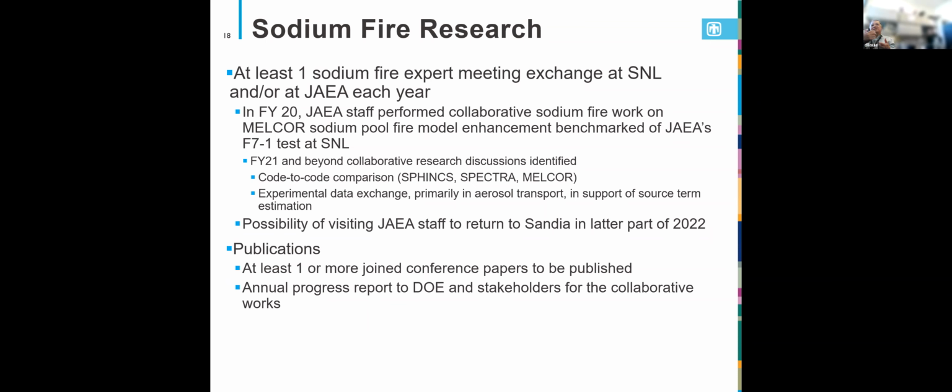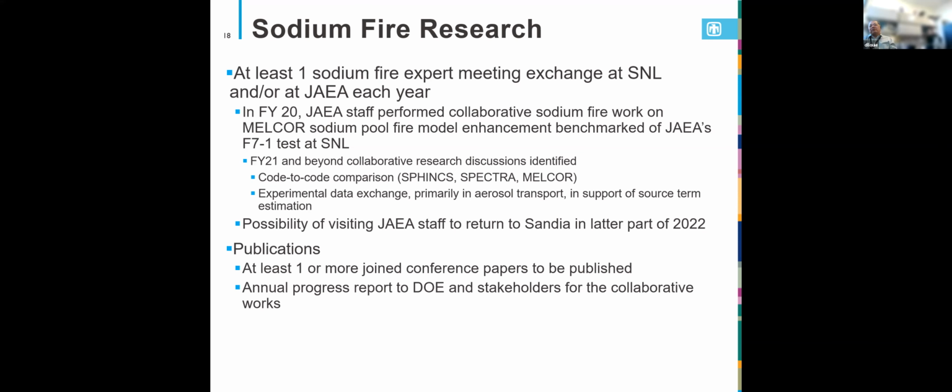And now we just have to do virtual meetings, virtually running calculations here and exchanging ideas on the collaboration. For the code comparison, we include SPRINT and SPECTRA, both JAEA codes. And like I said, we're going to do experimental data exchange. Now we're looking more into aerosol transport, which is important for SOTRA.